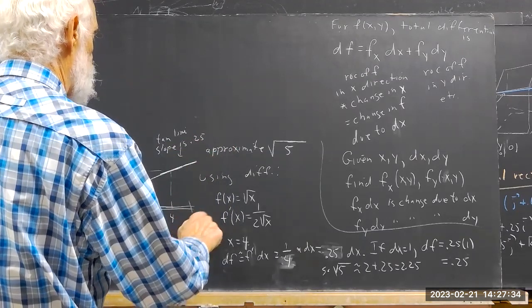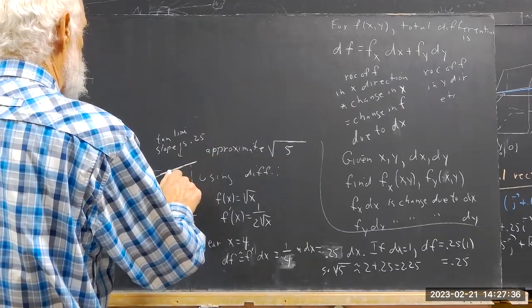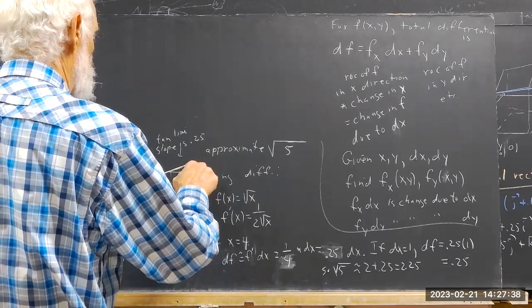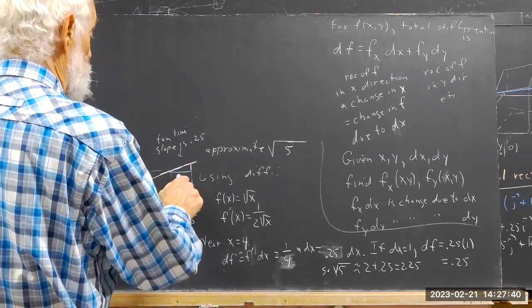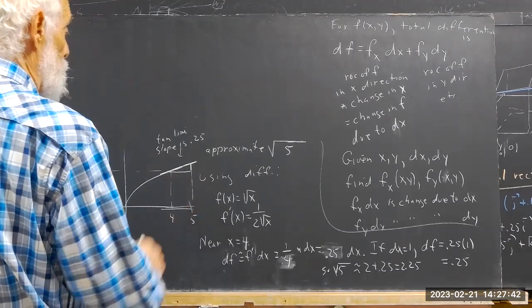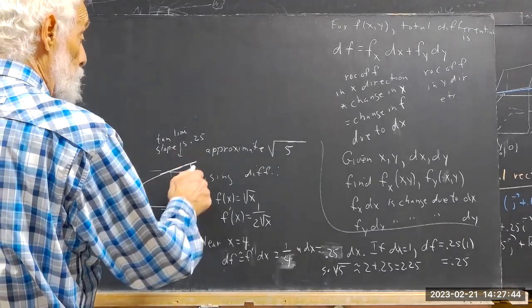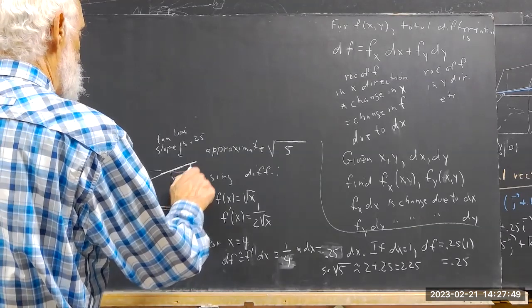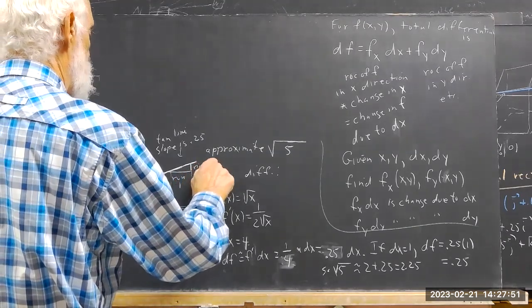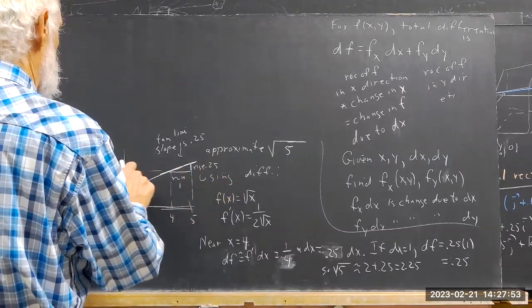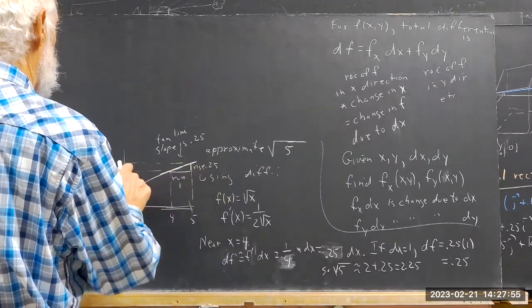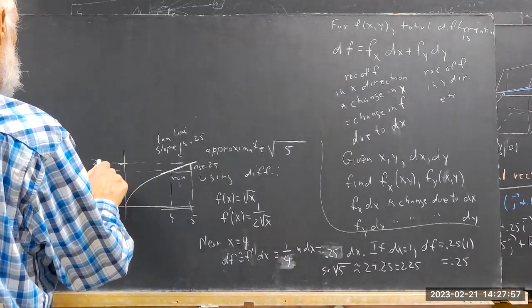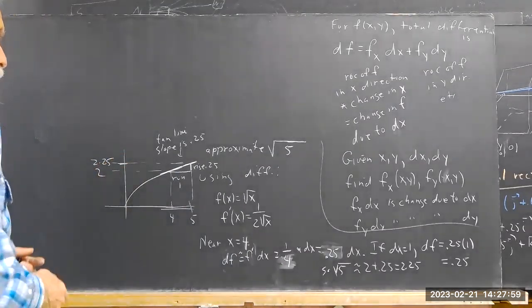If I move over to x equals 5 and follow the tangent line, my run is 1. My rise is slope times the run, which is 0.25. So this tells me this point ought to have value 2.25.